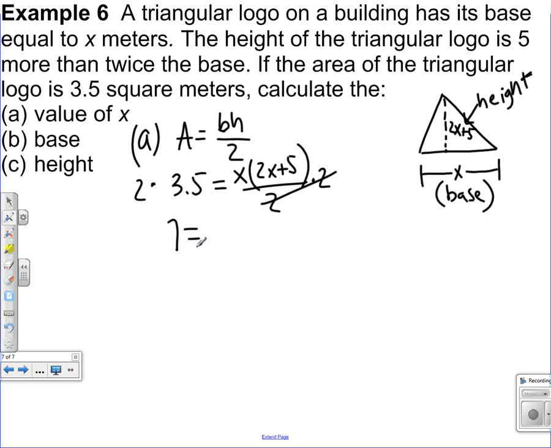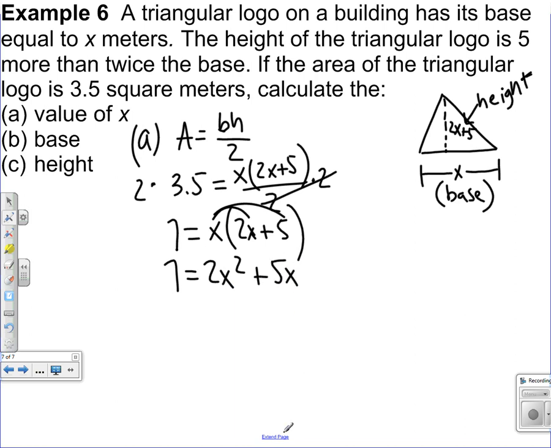We're going to end up with 7 equals x times the quantity 2x plus 5. Now let's distribute our x through. x times 2x is 2x squared. x times positive 5 is plus 5x.